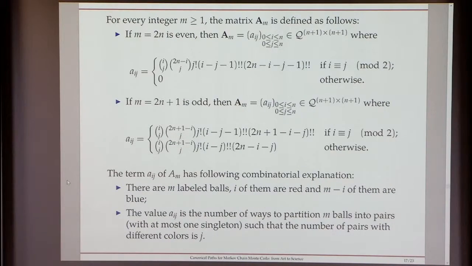Then A_ij is the number of ways to partition these m balls into pairs. In case m is odd, we can have at most one singleton. So A_ij is the number of ways to partition the m balls into pairs such that the number of pairs with different colors is j. So this is a number that can be computed in this way. So this is our definition of the matrix A.